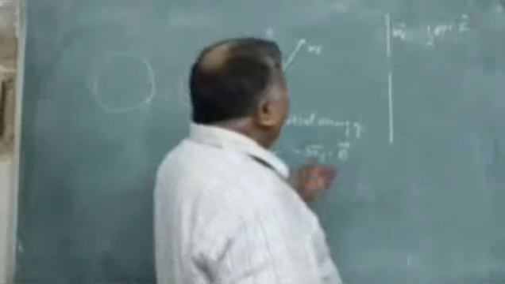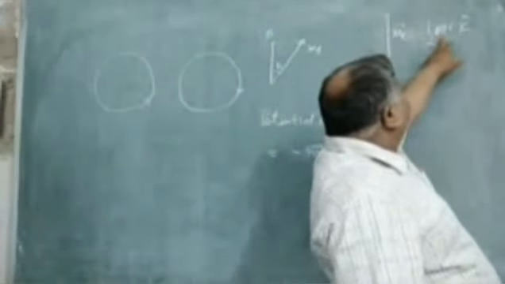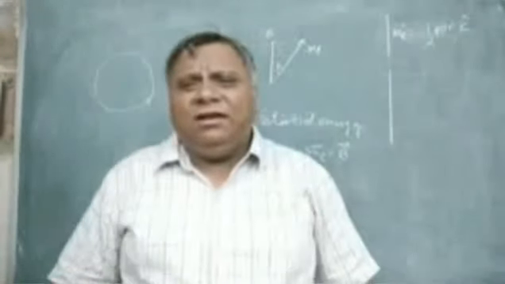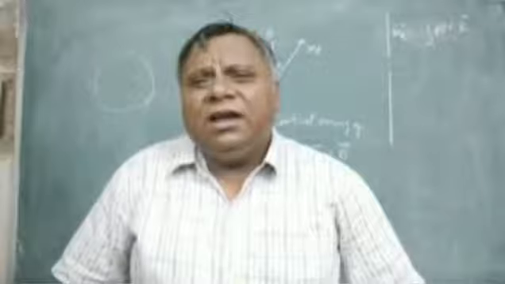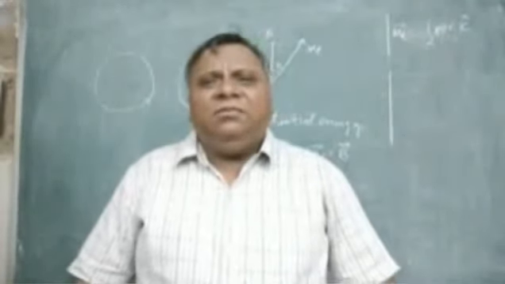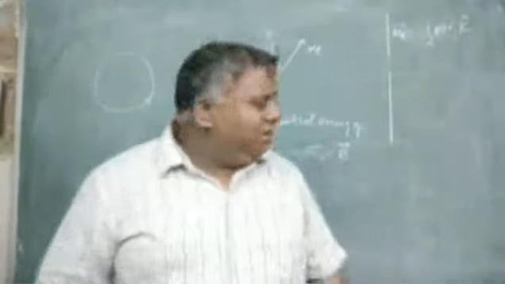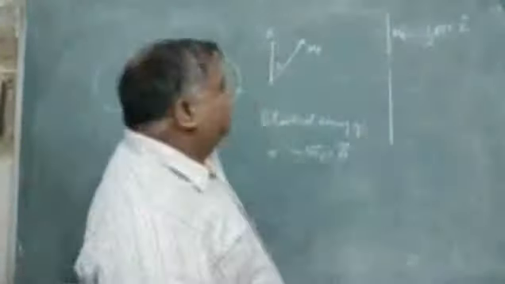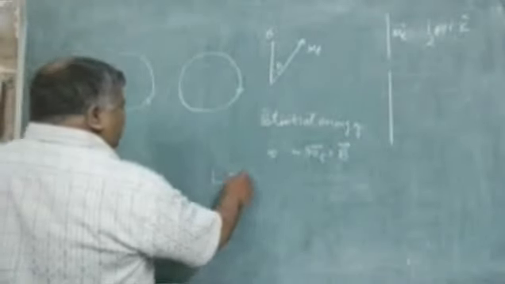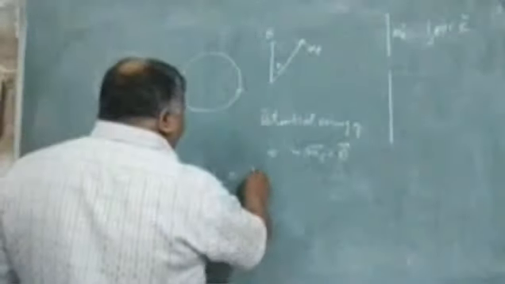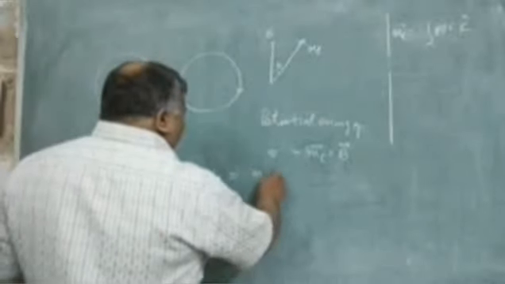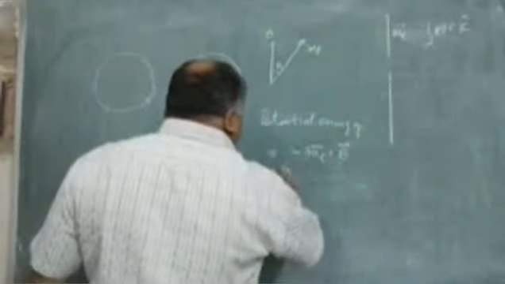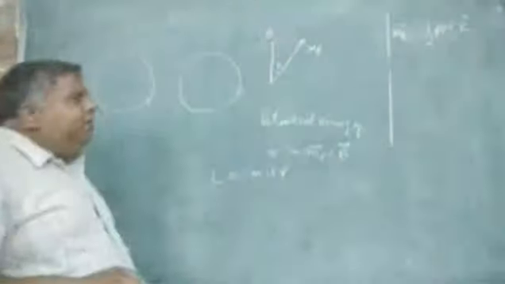Also, we have this magnetic moment, minus half e v r k. Since the electron is revolving in a circle, it also has angular momentum, and this angular momentum can be associated with this magnetic moment. Let us see how. L is nothing else, because the electron is moving in a circle, but m v r, where m is the mass of the electron, v is the velocity, and r is the radius of the orbit.